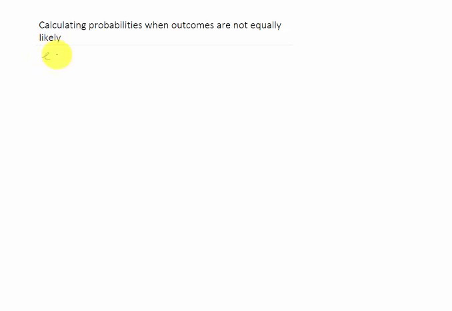So for example, how about if we had a bag of marbles that contains 60% blue marbles and 40% white marbles.